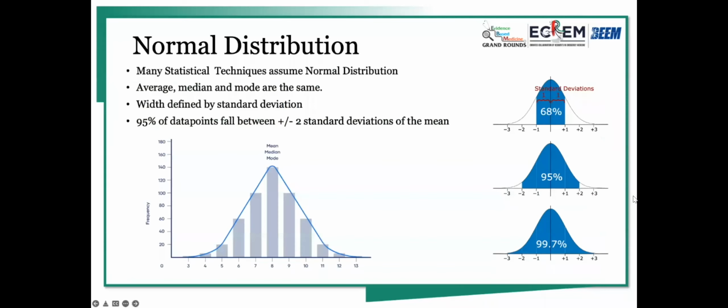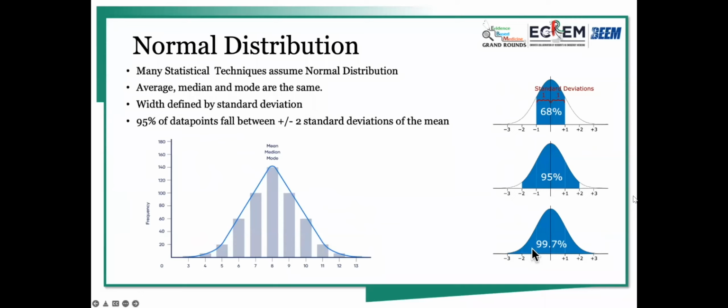And that's really convenient because many statistical techniques require the normal distribution. And with that, we can use standard deviation to describe the spread. We know there are many characteristics, but we know, for example, that 95% of the data points fall between plus and minus 2 standard deviations of the mean. And so we can use that to describe our data.